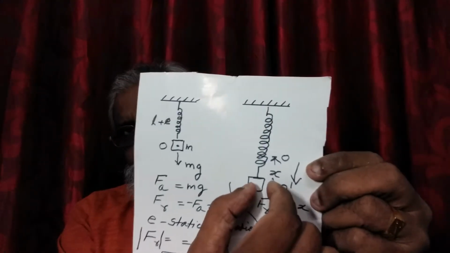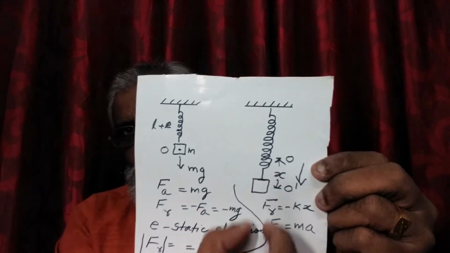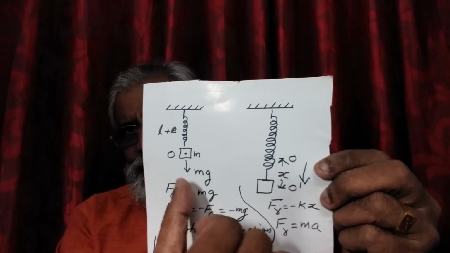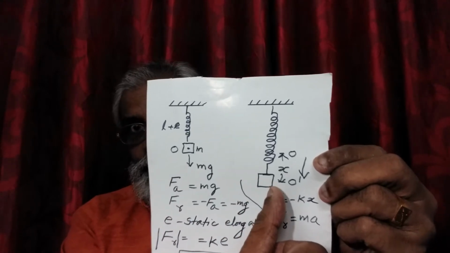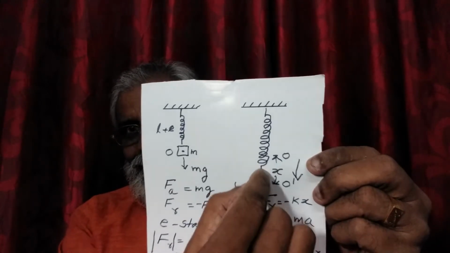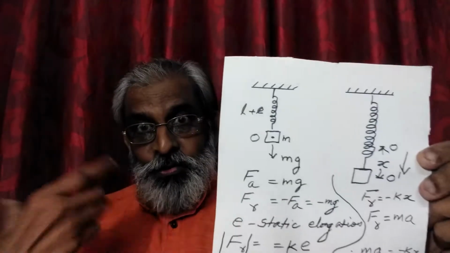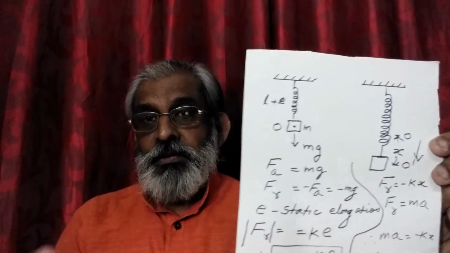Now, if you pull the block down from its initial equilibrium position O to O dash by an amount x, a new restoring force will develop within the spring. This new restoring force, Fr, will be equal to minus K into x.